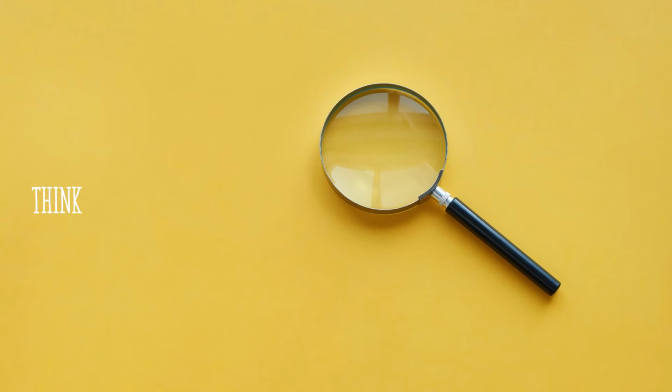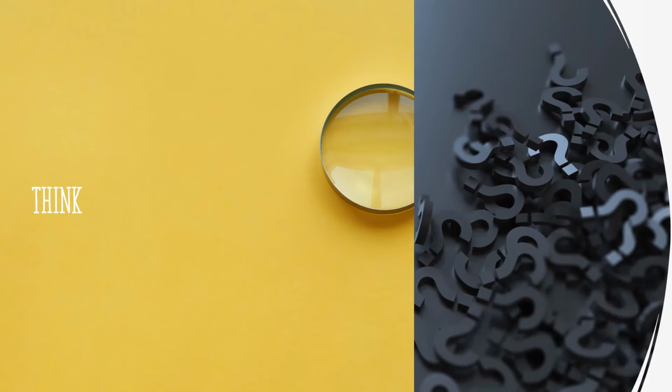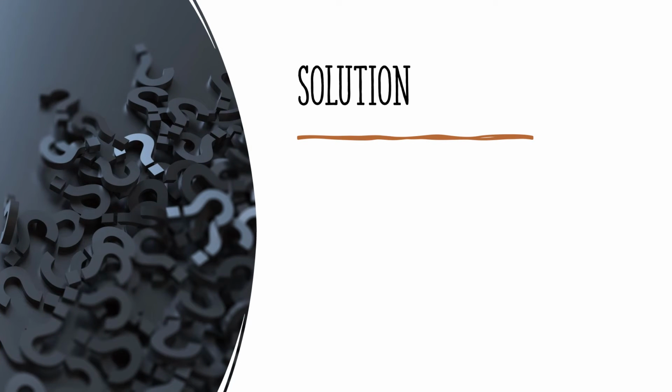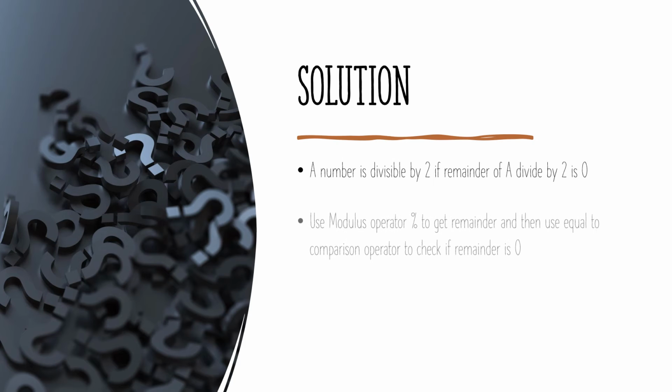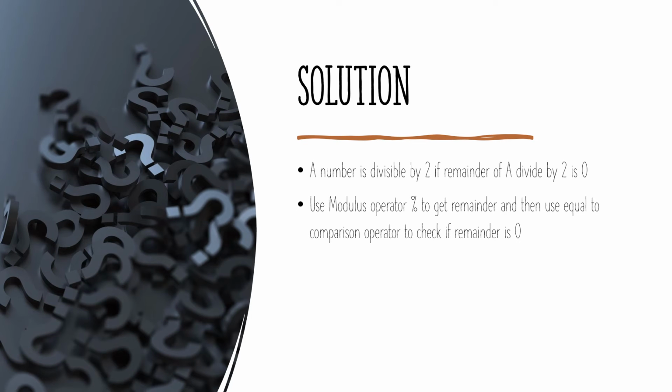Take some time and think. Let's check the solution. A number is divisible by 2 if remainder of a divided by 2 is 0. Use modulus operator to get remainder and then use equal to comparison operator to check if remainder is 0.